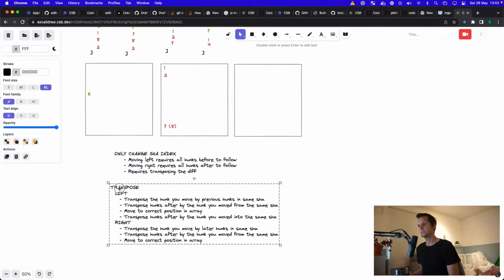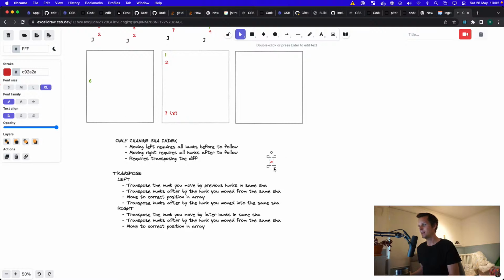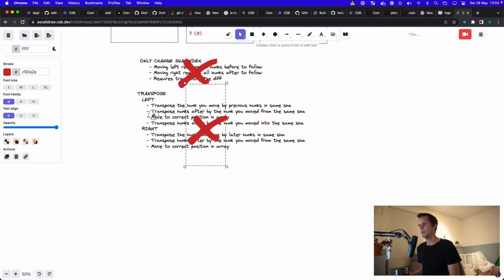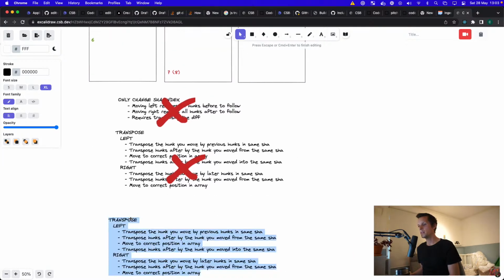Okay, so let's say this is not working. Let's do like a big X. This is definitely not working. As we see now, this is not really working either. There's a different way to do it.